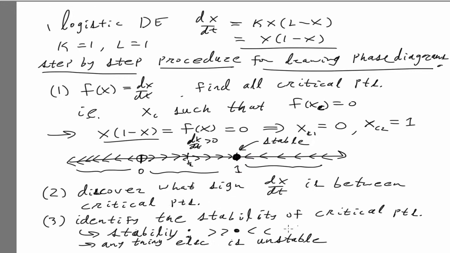So stability is generally thought of as the arrows pointing in, but I need to put a little asterisk there and say not quite. I'm being a little cavalier when I say that. So let's just write that in there. I'm going to put unstable there. So right now, this would be an acceptable phase diagram.